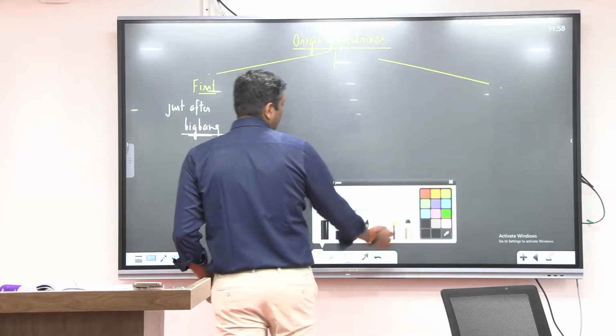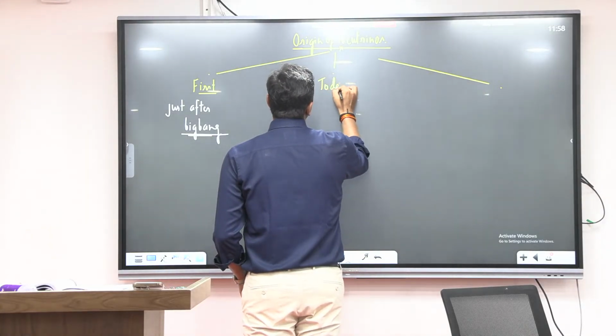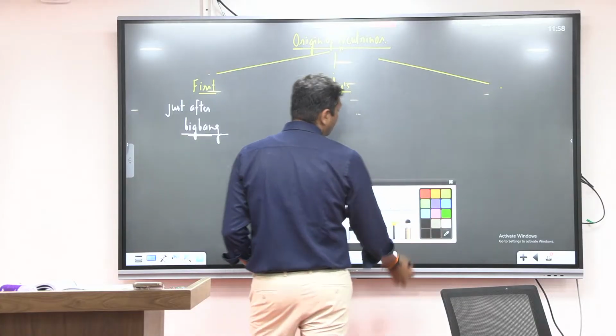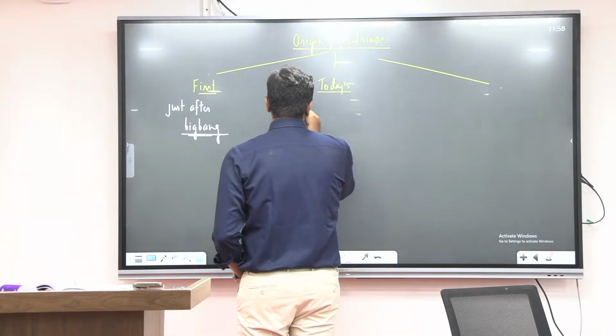Neutrinos originated in that time, and they still originate today. There are many reasons for today's origin, and I can give you examples.